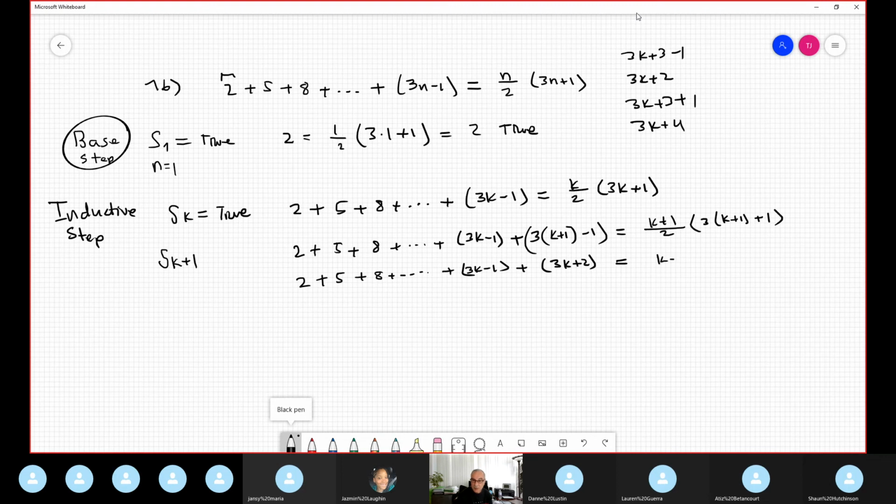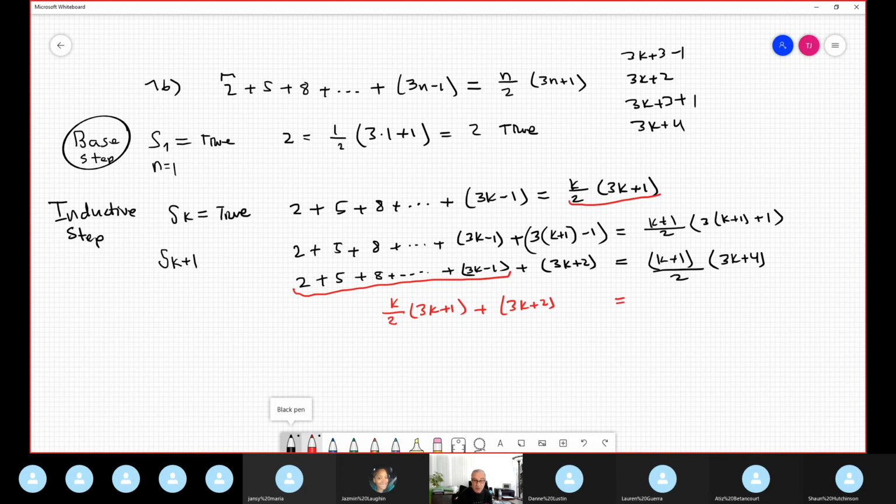So it is (k plus 1) over 2, and this parenthesis is 3k plus 4. But I know, under the supposition, that this part is exactly this: k over 2 times (3k plus 1), plus 3k plus 2 should be equal to this.